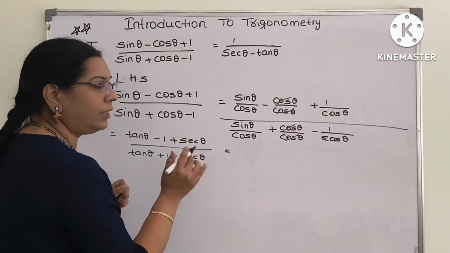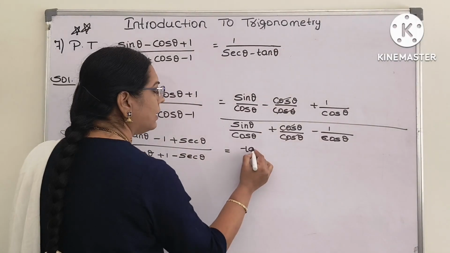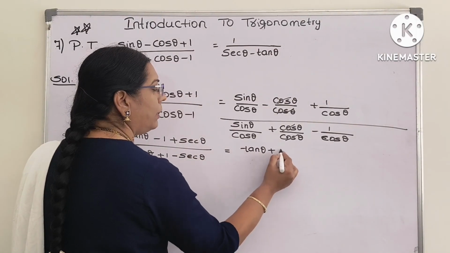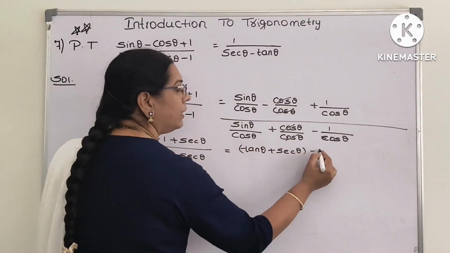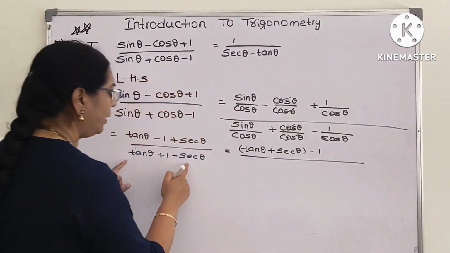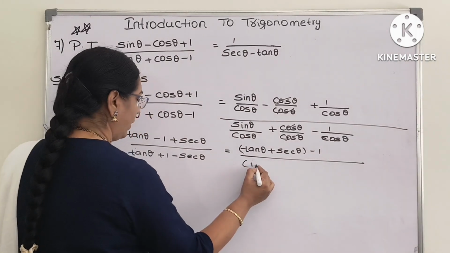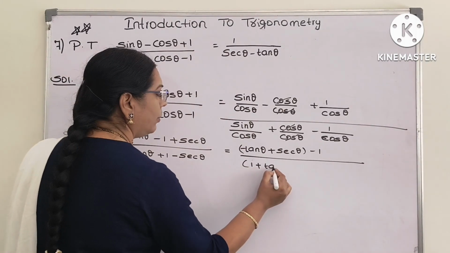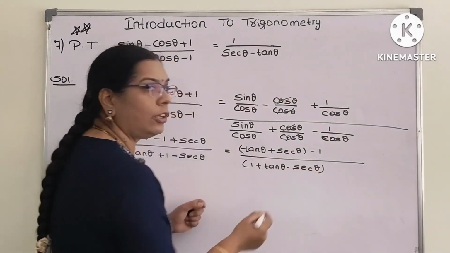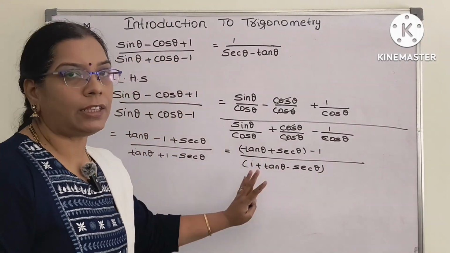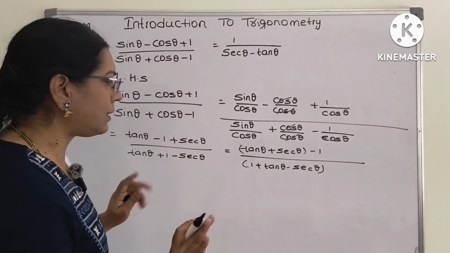So I will rearrange the terms and write it as tan theta plus secant theta. I will put this in a bracket and write minus 1 separately. And then I will write this as 1 plus tan theta minus secant theta. I did not do anything, children. I just rearranged the terms without changing the signs.